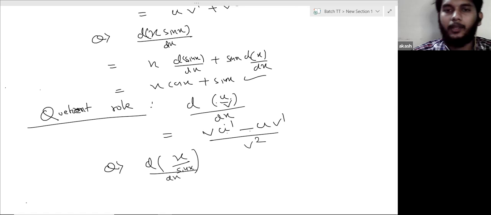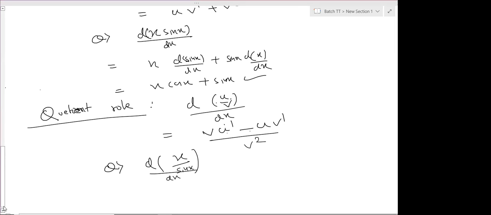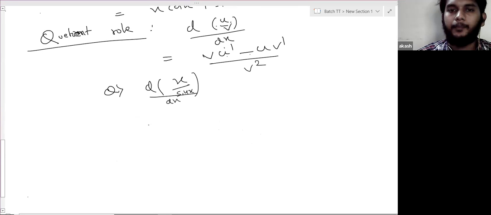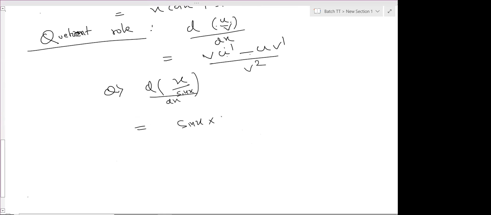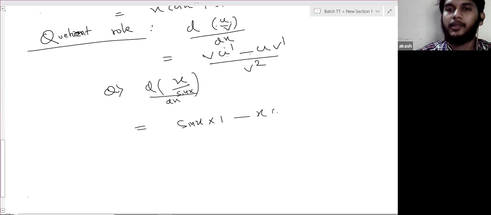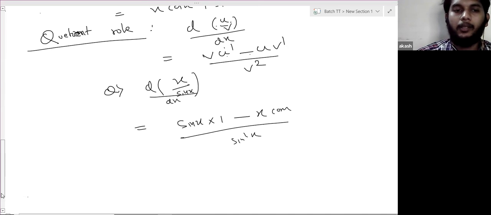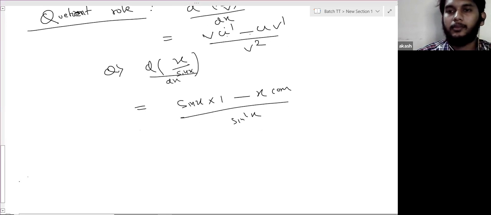All right, Finsa, that is the correct answer. Everyone solve this. Yes, sir. All right, Sahel. Yes, I found it. Sin x into differentiation of x is 1, minus x into differentiation of sin x is cos x, over sin square x. This is the answer. So this was all you have studied in class 11.